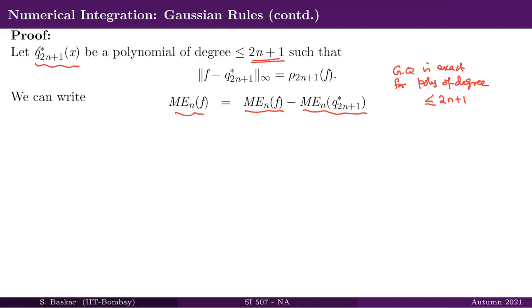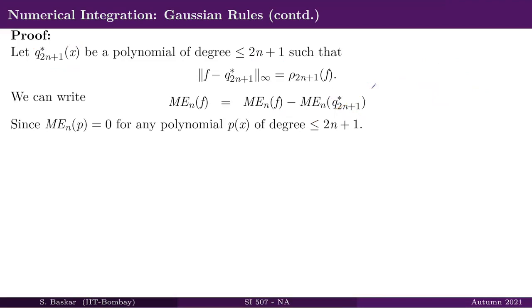Therefore, if you plug in q star as the integrand and use Gaussian quadrature, you will get the exact value. Therefore, the mathematical error for Gaussian quadrature of q star as the integrand is actually 0. In fact, the mathematical error for any polynomial of degree less than or equal to 2n plus 1 will be 0, right? So I am precisely subtracting 0 from this number, and therefore I can comfortably write MEN of f equal to MEN of f minus 0.